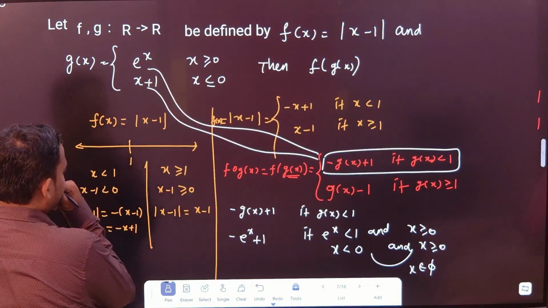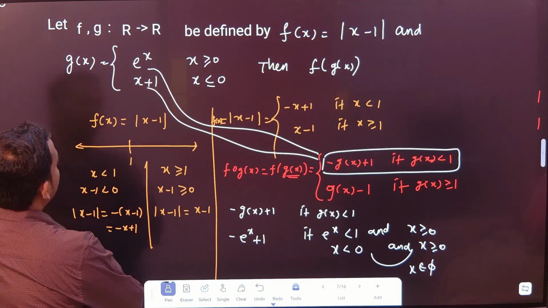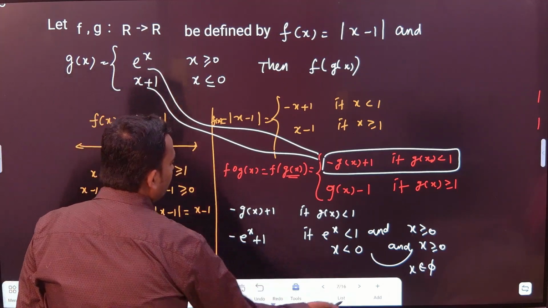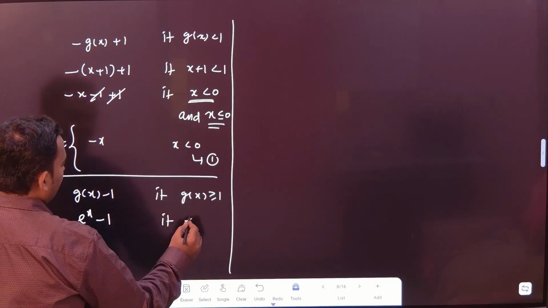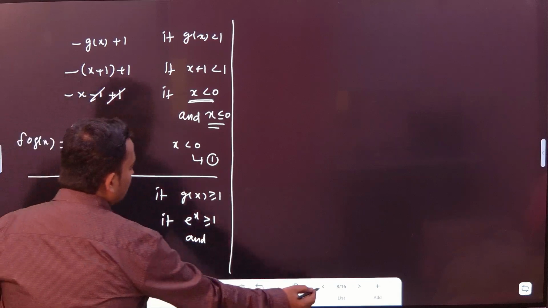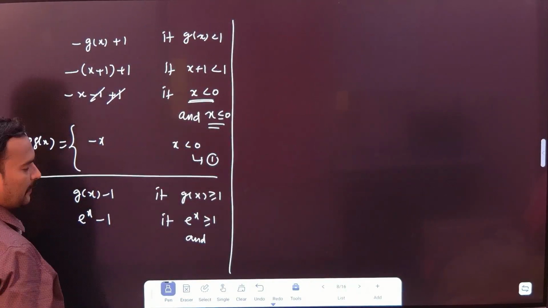Okay. You can apply the first function, e power x, right? You can take e power x minus 1 if e power x is greater than or equal to 1. When you get e power x, x is greater than or equal to 0, right?